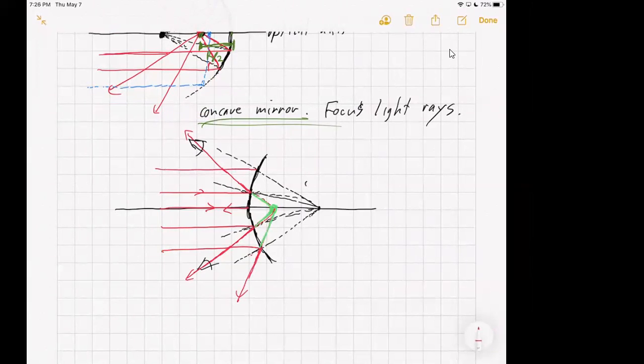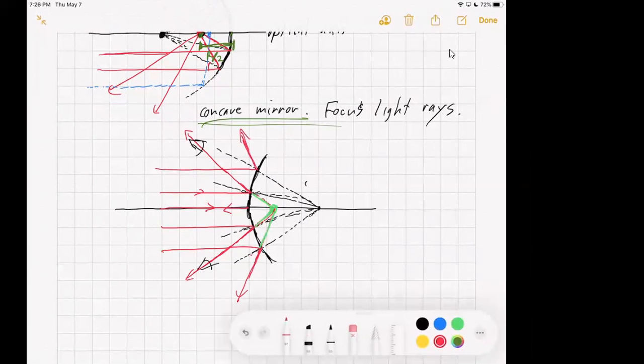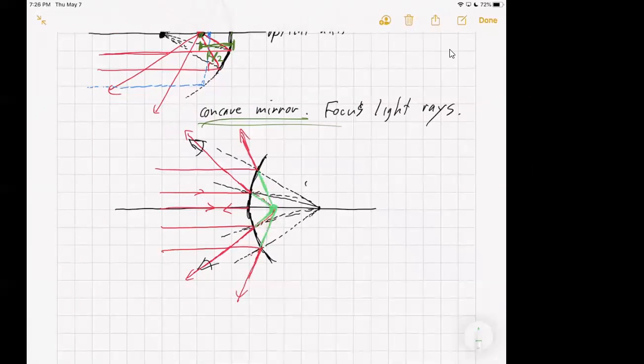And that would look something like this. And you can see that's also coming away from the same point. So the light rays don't actually come from the green point back here, but they appear to be coming from that point. So it's almost like we have a virtual focal point.